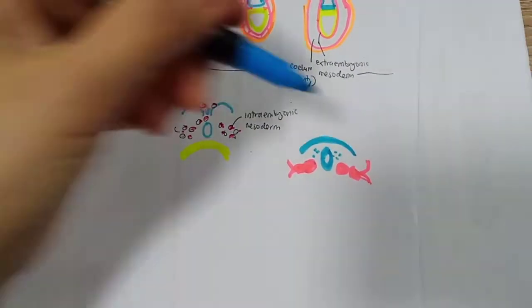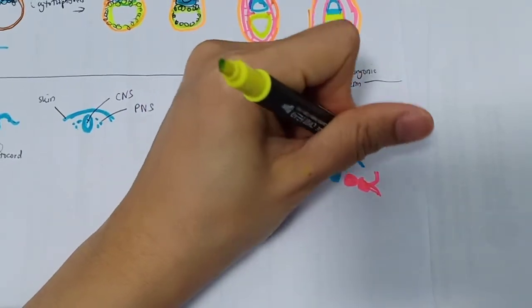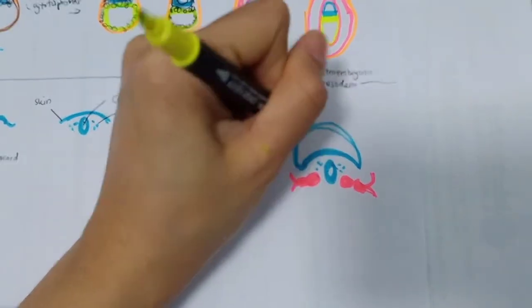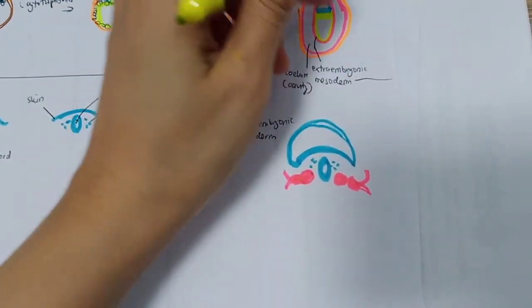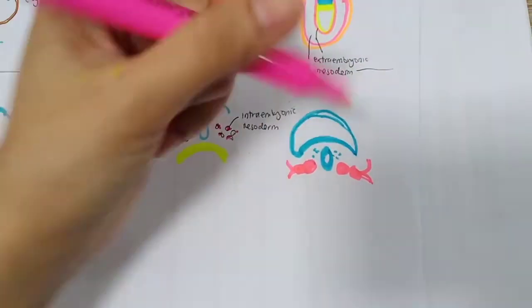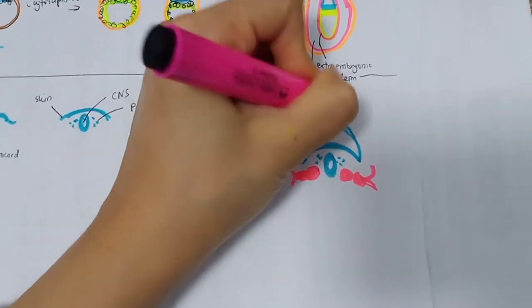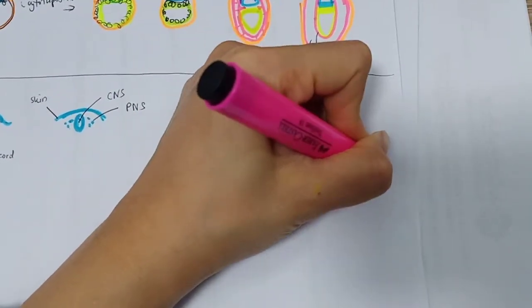So basically, the whole picture will be something like this. So this is the amnion up here. Amnion. And this mesoderm will become the somatopleuric mesoderm.